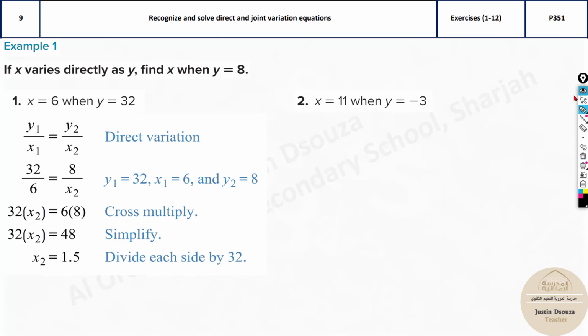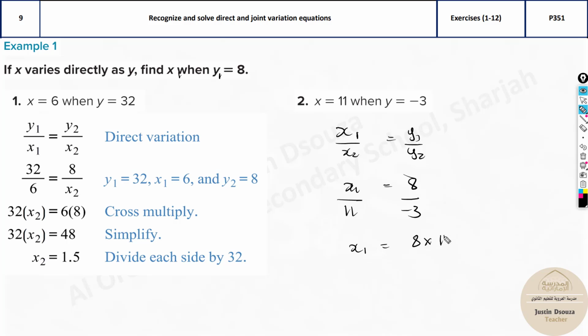Now let's do the same thing over here. It's direct variation: x1 by x2 equals y1 by y2. Substitute: x1 is unknown, y1 is 8, x2 is 11 given up above, and y2 is minus 3. So all you need to do is simplify this.